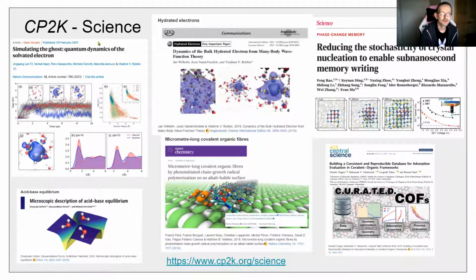So it's possible to run ab initio MD using methods beyond semi-local DFT, from hybrid functionals, which I'll talk about, through to MP2 and other post Hartree-Fock methods.